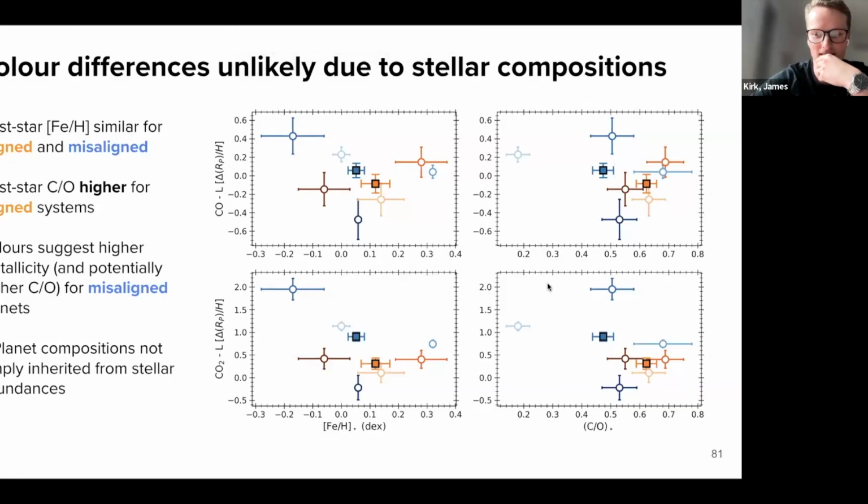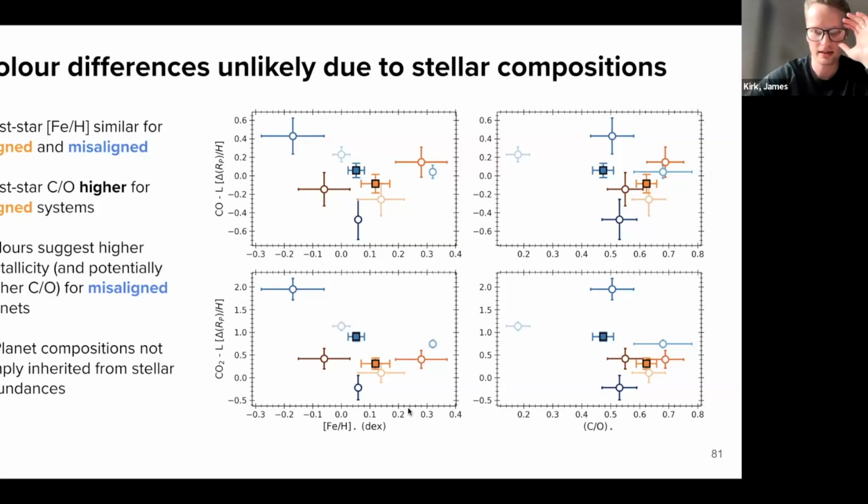Okay, so this here is a comparison of the stellar parameters in two different color spaces. The rows show the color and the columns show either metallicity or C to O ratio of the stars. For three of the stars, they have measured C to O ratios, and for the remaining stars, we used empirical relations between metallicity and C to O calibrated for other stars.